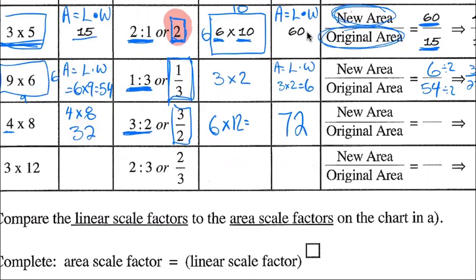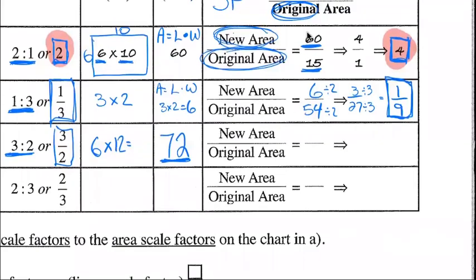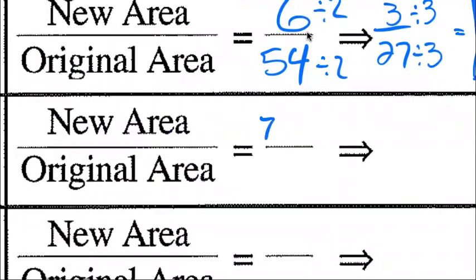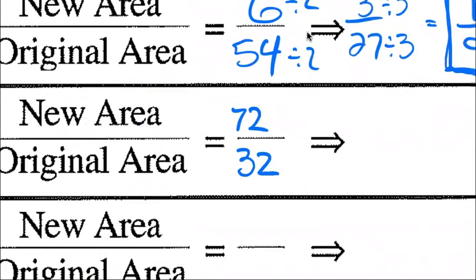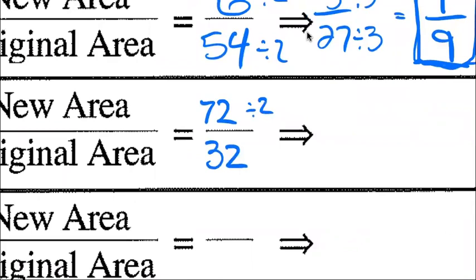Now I do a comparison, my old area over my new area, 72 over 32. And then I start to reduce that. Maybe you see it divides by 2, 36 over 16. Well, that divides by 2 again.